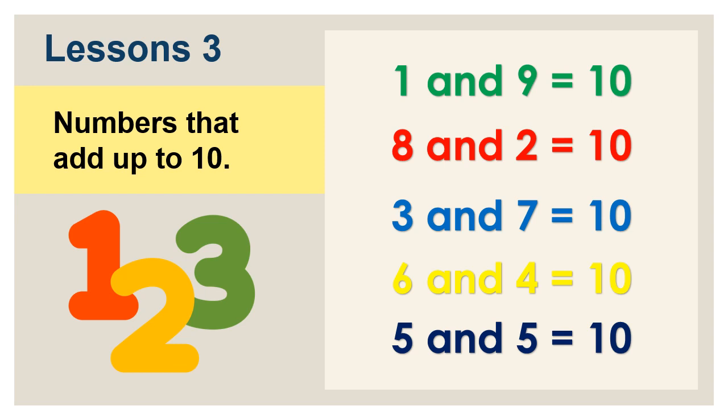So these are the numbers that, when you add them up or put them together, the answer will be 10. Alright, so that's the third part of this lesson, the numbers that, when we add up the two numbers, equal 10.